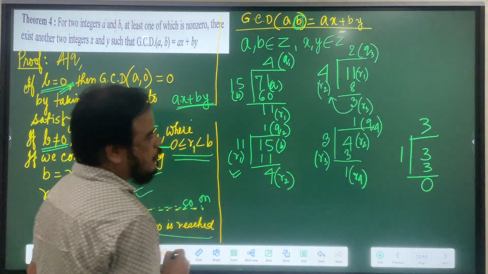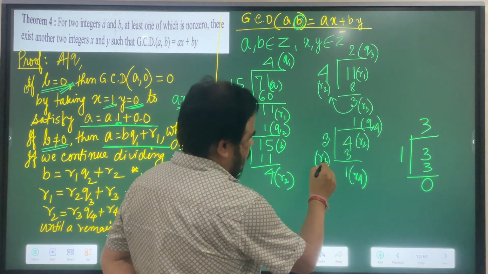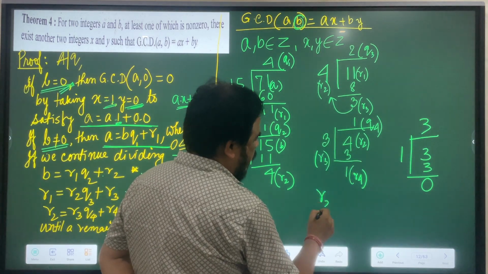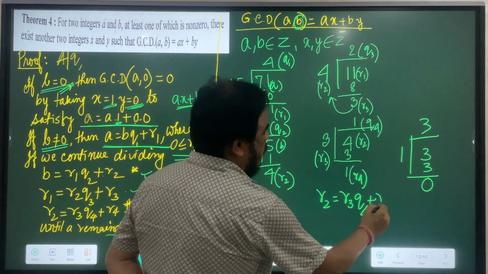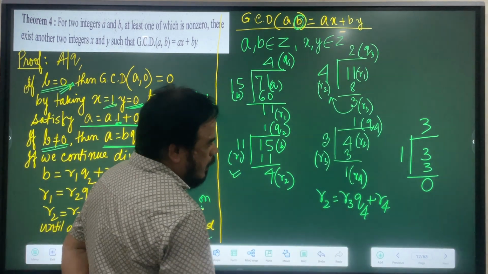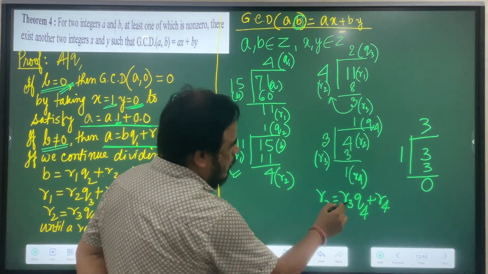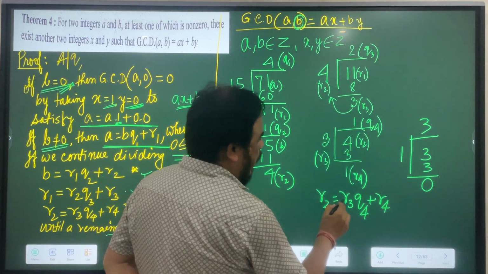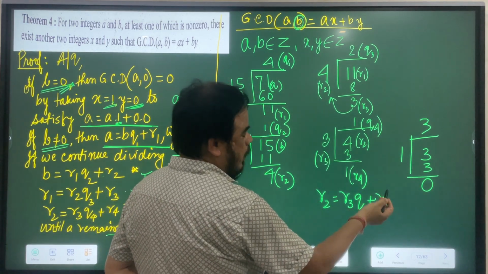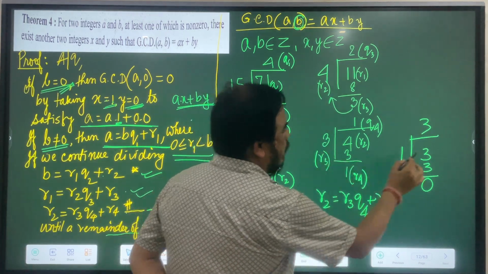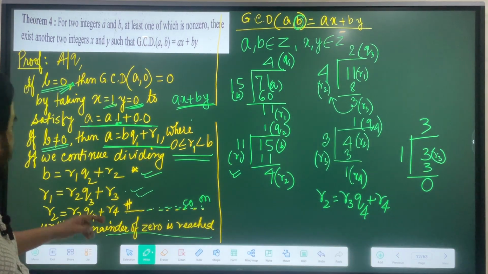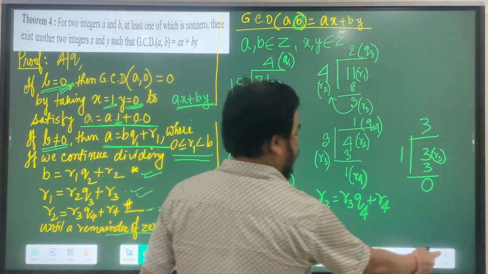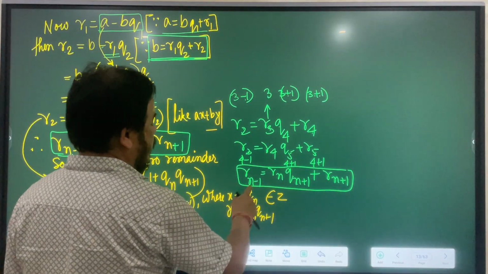Look here. R2 is equal to R3 Q4 plus R4. So R3 is non-zero. This is R3. Now this R3 will go here. How do we get here? R3 means this one, 3. This is R3. Here it is written on the next page.